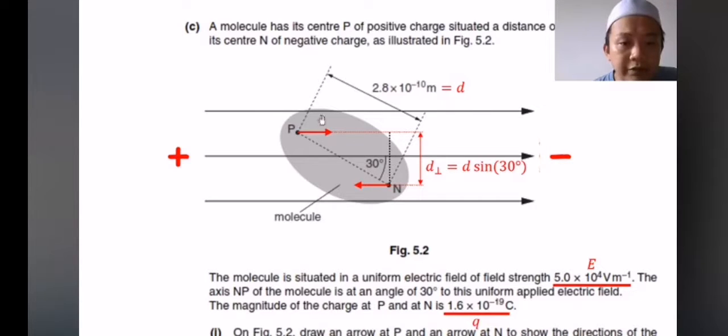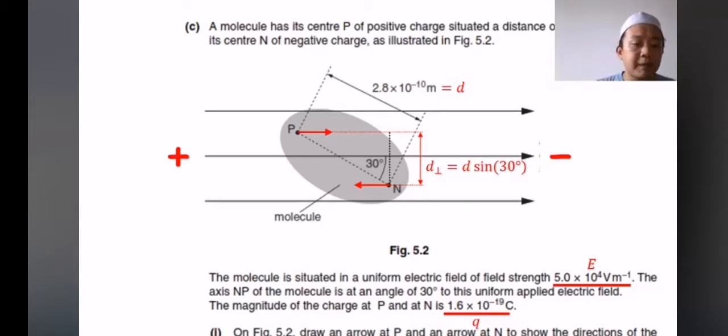We have the electric field, which is the horizontal line, and then we've got the distance between P and N here, where the distance between P and N is given as this one, and it is not either perpendicular, horizontal or vertical.